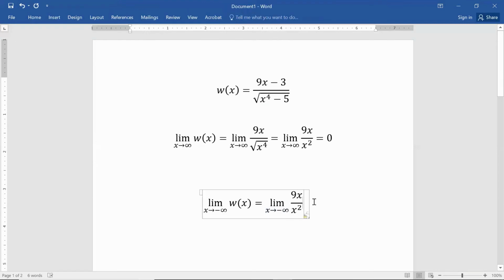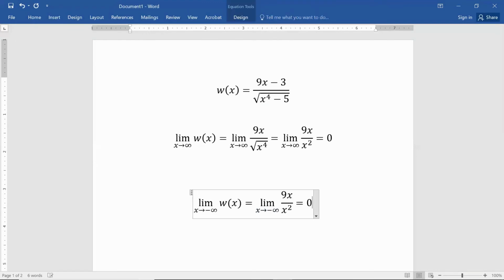And once again, because the denominator has a higher degree than the numerator, that limit is also 0. So as x goes to infinity and as x goes to negative infinity, our w of x is 0 because of understanding the limits of rational functions. Even though this is not rational, it's kind of like a rational function, and then we can find the limits.